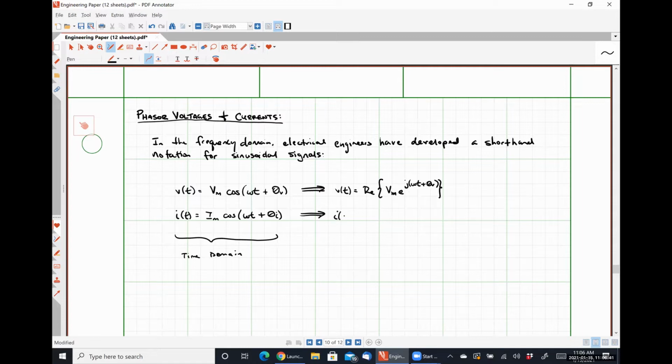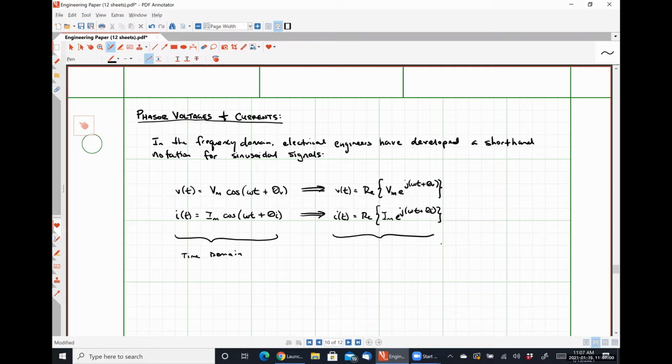And similarly, I of t is the real part of the complex number Im e to the j omega t plus theta I. And I call this the mixed domain.